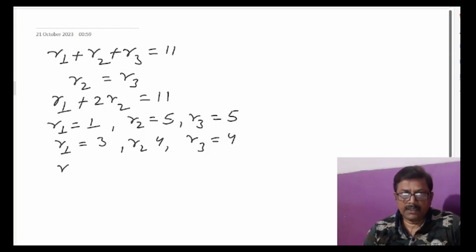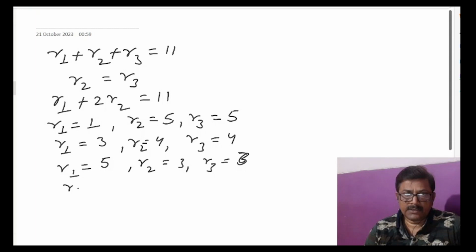Now if I take R1 equal to 4, again it is an even number, so it will not be possible. Now I take R1 equal to 5, so R2 will be equal to 3 and R3 will also be 3. Okay? 3, 3, 5, 11.